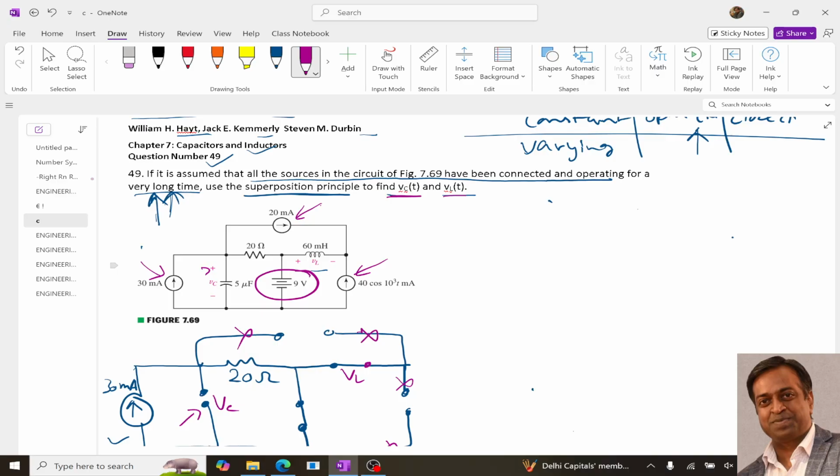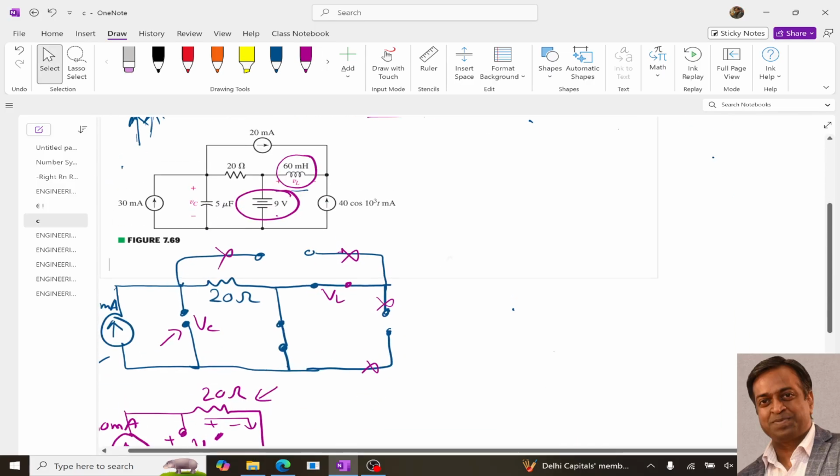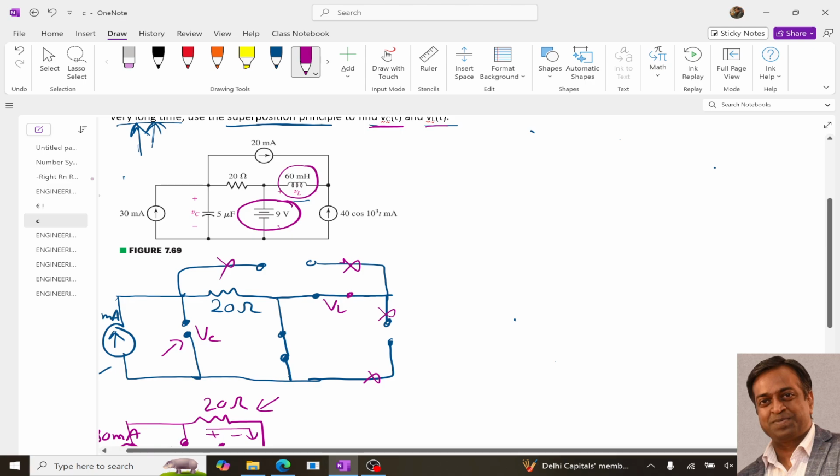Since everything will be open circuit and we just have the constant source, again the inductor will be short circuit and the capacitor will be open circuit. So after deactivating the current sources, my circuit will be something like this.